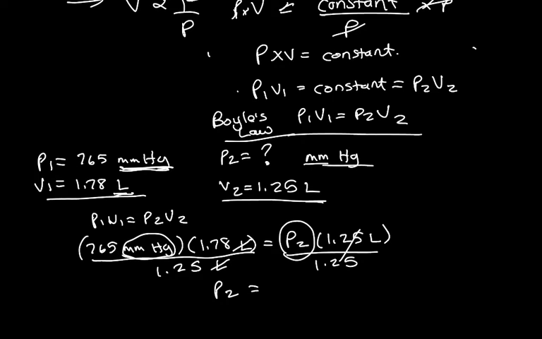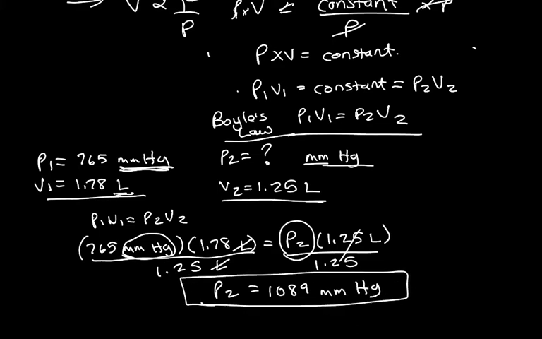Does that make sense? All right, so let us do the math here. 765 times 1.78 divided by 1.25. So really, what I should have gotten was 1089, and this is millimeters of mercury.